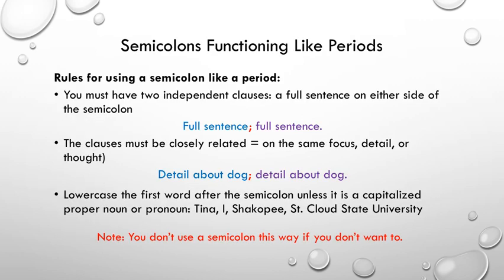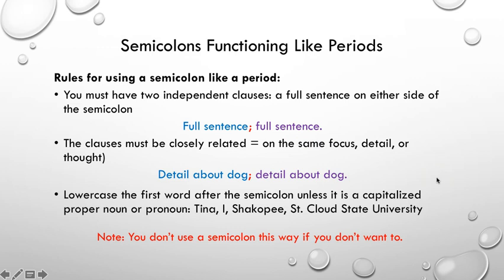All right, so the rules for semicolons functioning like periods is that you have to have two full sentences, at least two independent clauses in the sentence, and you have to put a full sentence or an independent clause on either side of the semicolon. So you have one full sentence, semicolon, another full sentence.